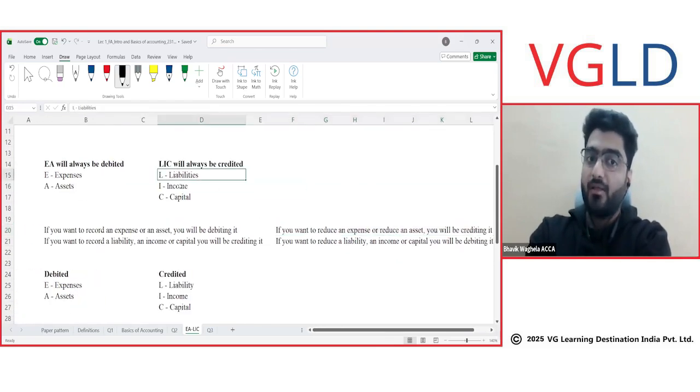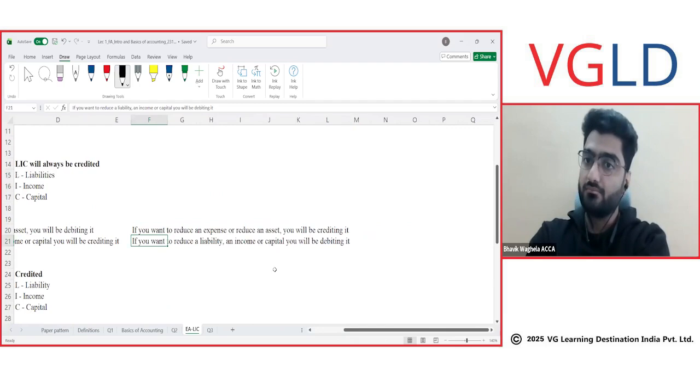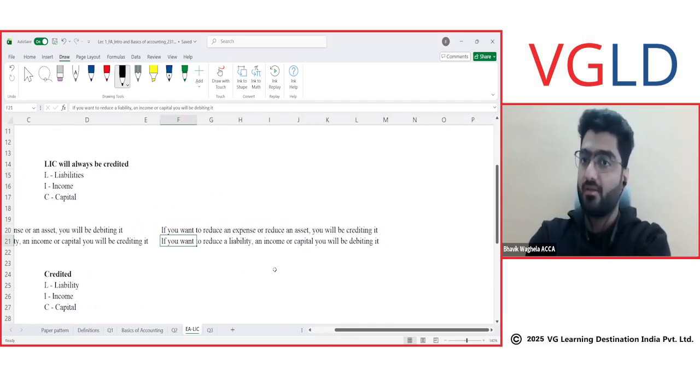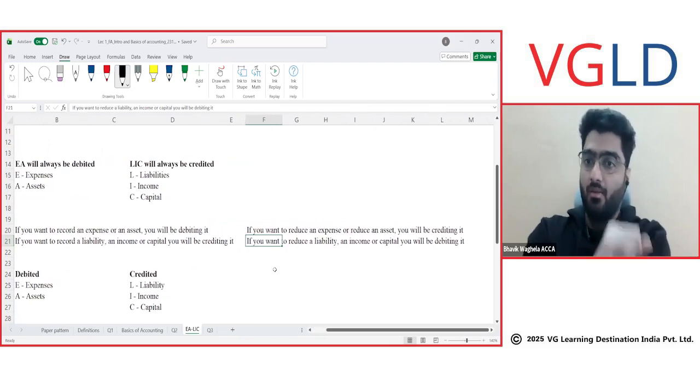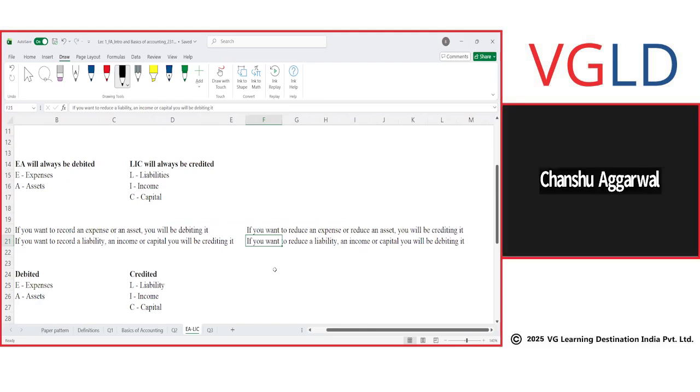To record liability, income and capital, we credit it. To reduce it, we will be debiting it. So guys, debit and credit is nothing but just the plus and minus. In mathematics, we have plus minus. In accounts, we have debit and credit. Everyone understood this? Yes, sir.